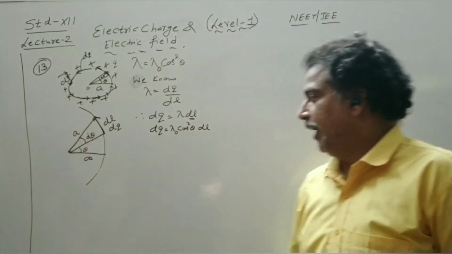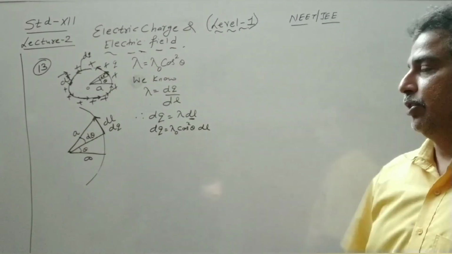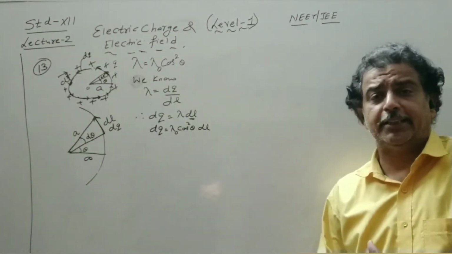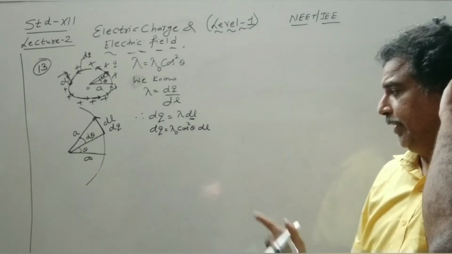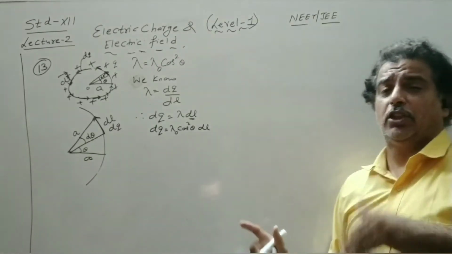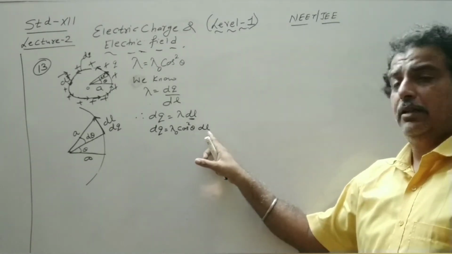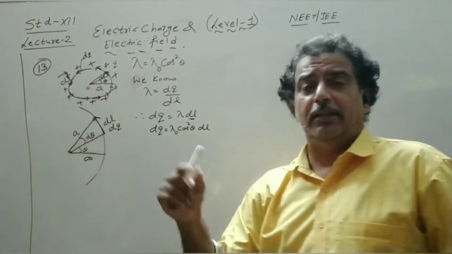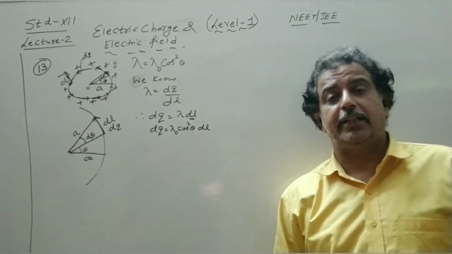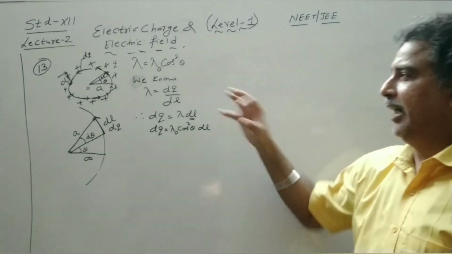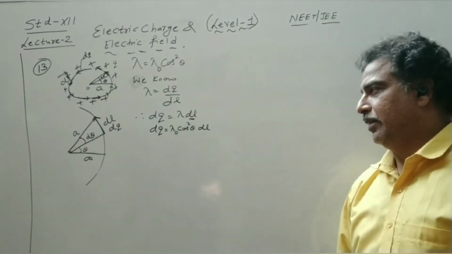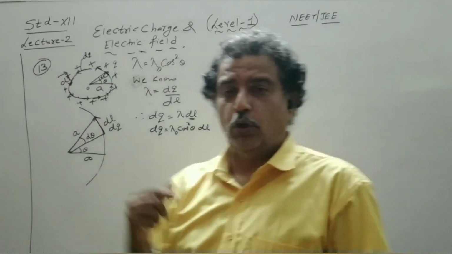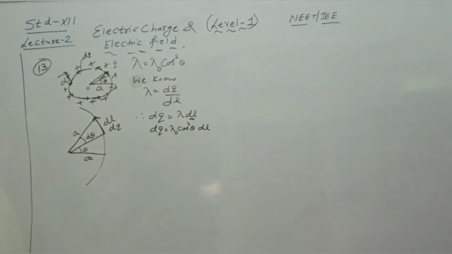Clearly, when I have to find the total charge, I have to integrate this equation. The integration should be with respect to dl. Here the line elements are infinitely small and the same, but theta is variable. So I have to derive the relation between dl and d theta.